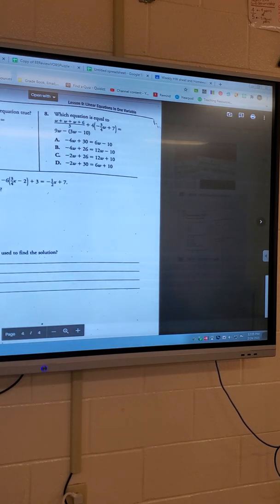An equation is only true if the left is equal to the right. It's like a sentence. This is this. The key word for an equal sign is "is equal to."